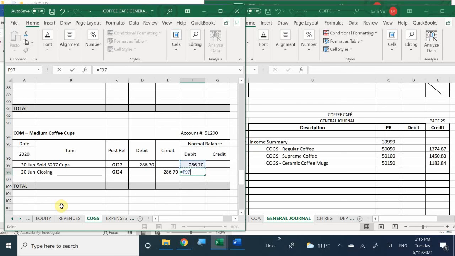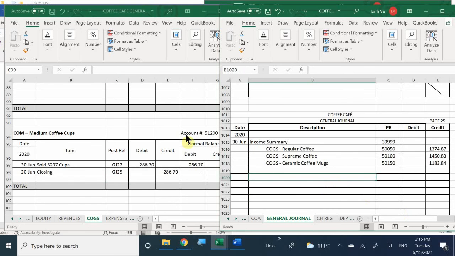Isn't it General Journal 25? Oh yes, okay, well that's a lot to have to go back to fix, but yes, it's going to be General Journal 25. 28670.